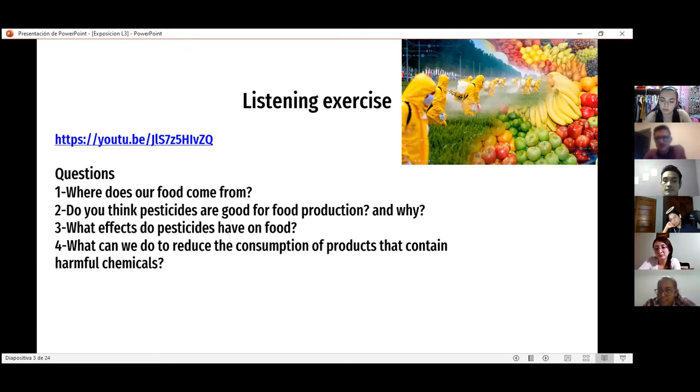The most contaminated are strawberries and celery. Really? I was going to say pineapple. Pineapple for sure. No, I love pineapple. I work in a pineapple company. That explains everything.